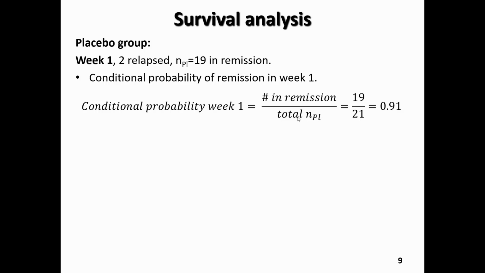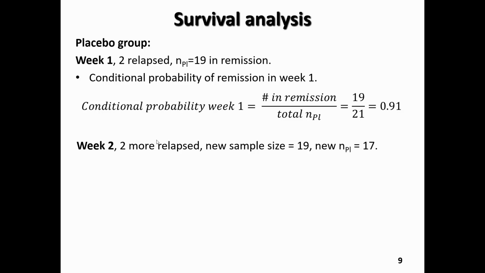The denominator here is the total n in the placebo group, which is 21. We drop 2, so it's 19 divided by 21, giving us a conditional probability of 0.91, or 91%.